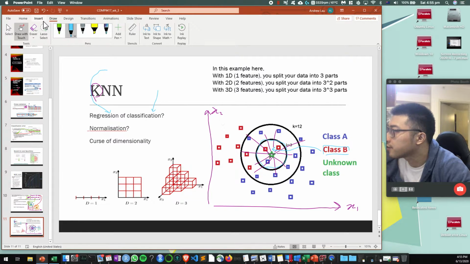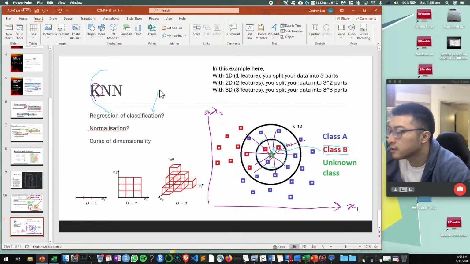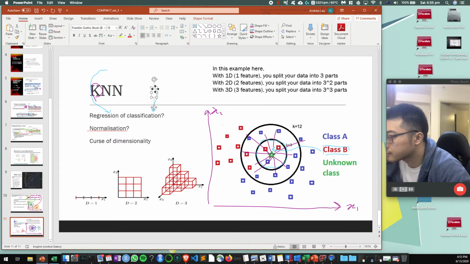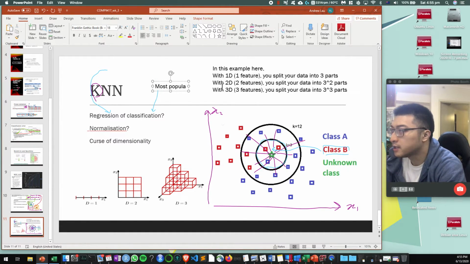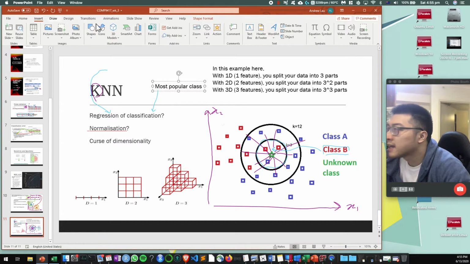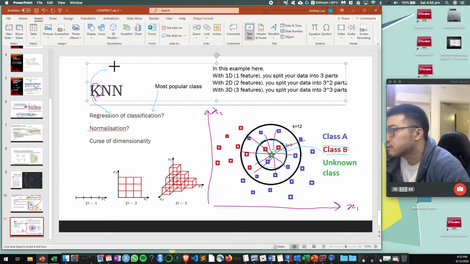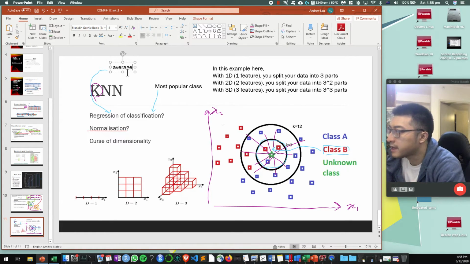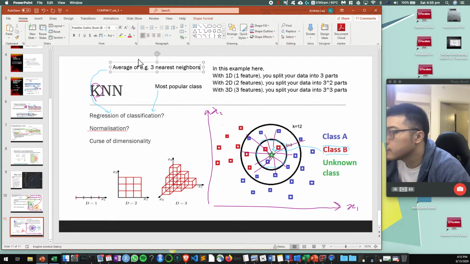for regression and classification, it's one of a few things. So we're talking about the most popular class, and on this side we're typically talking about the average of, say, the 3 nearest neighbors, right?